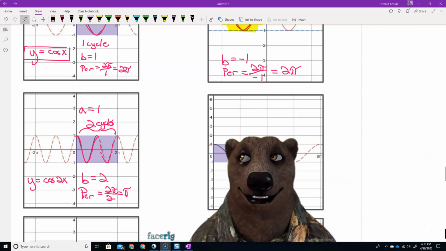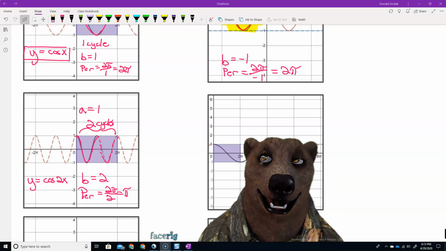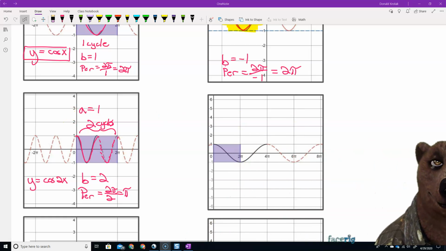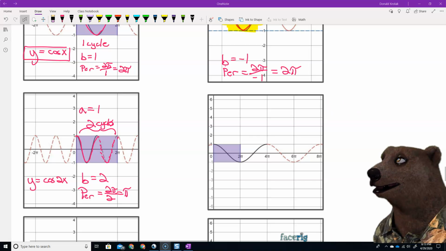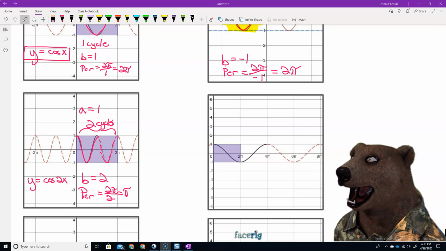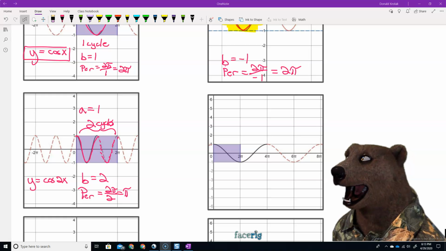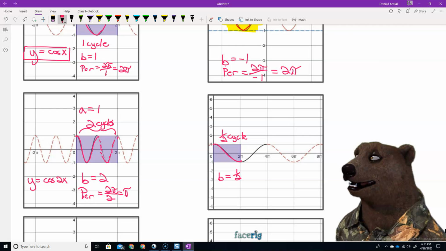Over here to my left, now I see just 1/2 of a cycle of the cosine. So I know b is 1/2. Between 0 and 2 pi, I just see half the graph.